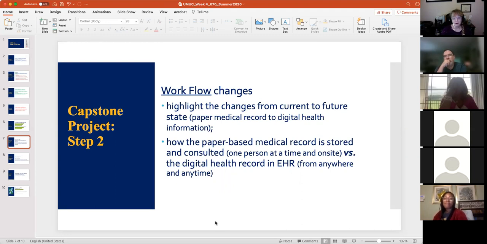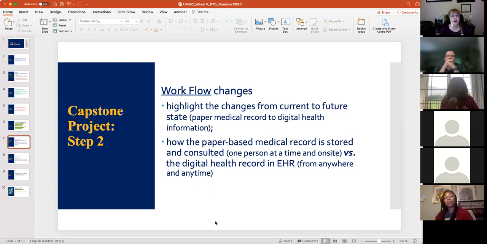How the paper-based medical record is stored and consulted, in other words, one person at a time, only in physical proximity to it, versus the EHR, which means not only can you access a patient's record from any computer in the hospital with your username and password, but, and we're in 2021, physicians are going to have encrypted, very important, encrypted phones and tablets and laptops.